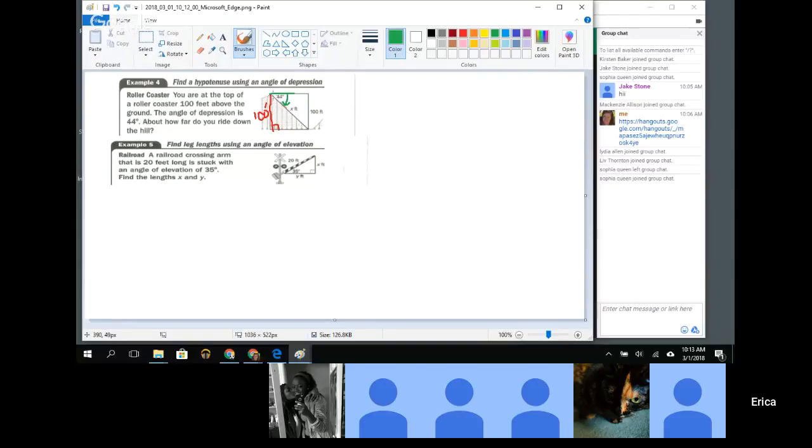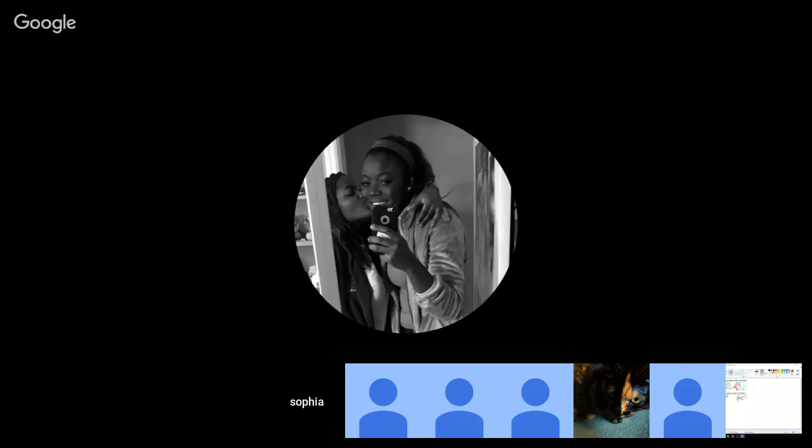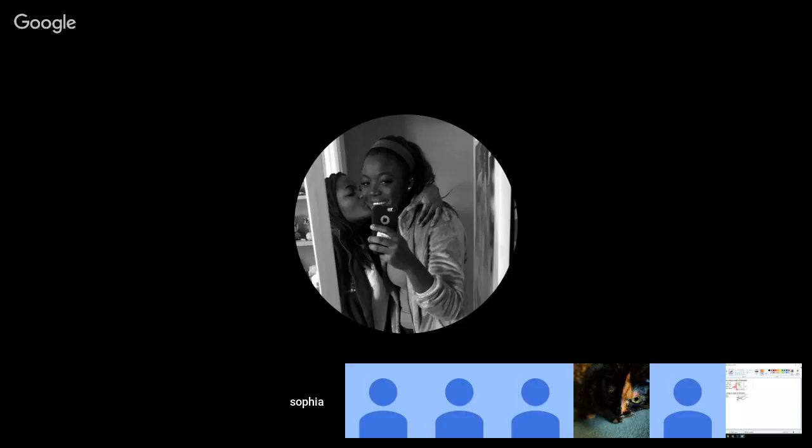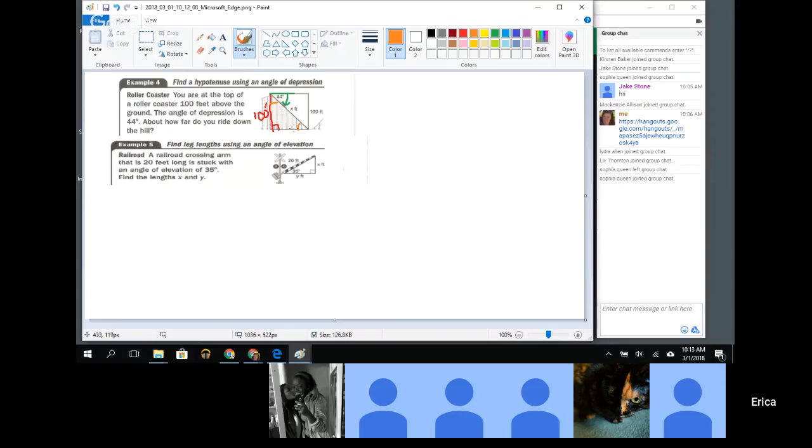If I know that this makes a right angle, let me rephrase this the other way. Do we know what this angle is, or this angle, because we know the angle of depression is 44 degrees? We do, right?